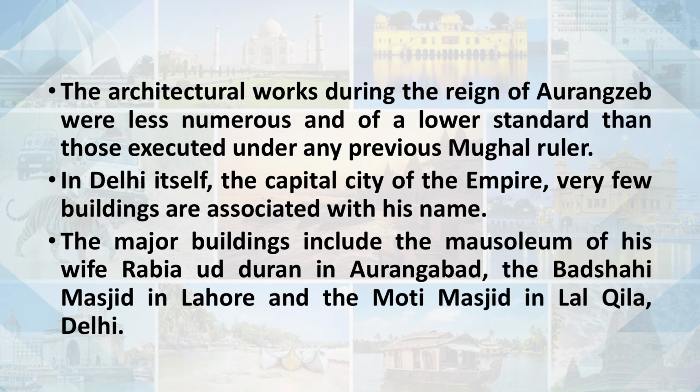In Delhi itself, the capital city of the empire, very few buildings are associated with his name. The major buildings included the mausoleum of his wife Rabia ud Durani in Aurangabad, the Badshahi Masjid in Lahore and the Moti Masjid in Lal Qila, Delhi.